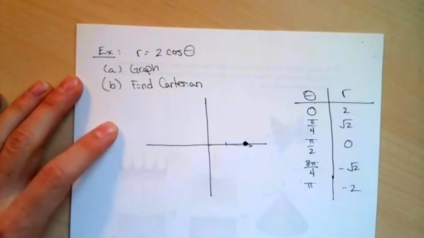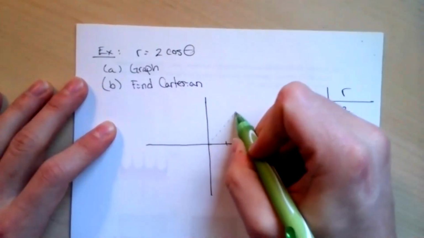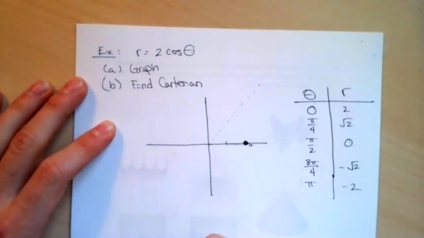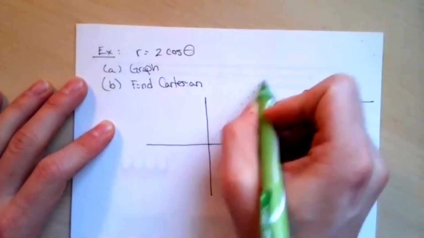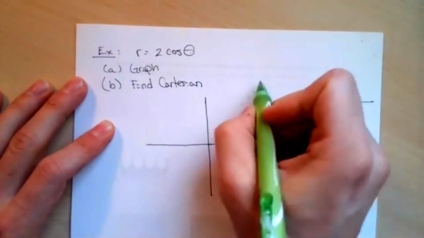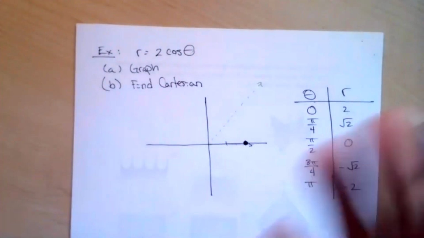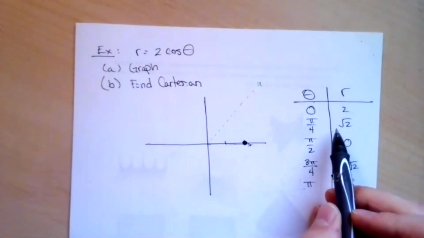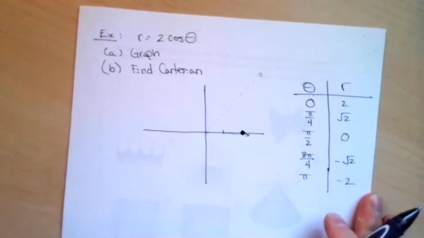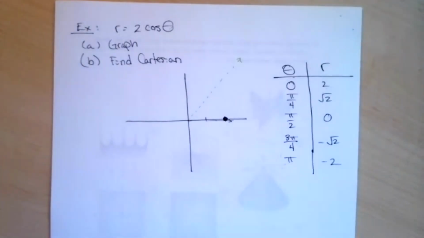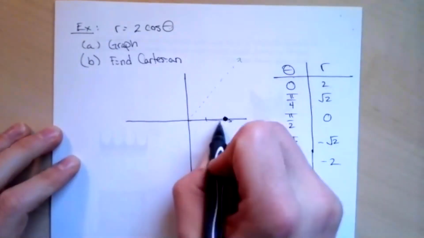At pi over 4, we'll draw some guidelines here in green. That's our pi over 4 line, pointing in that direction. And we want to go a distance of square root of 2. Now, of course, graphing square root of 2 is kind of hard. Maybe you remember from calculus, from doing linear approximations, that square root of 2 is approximately 1.5.